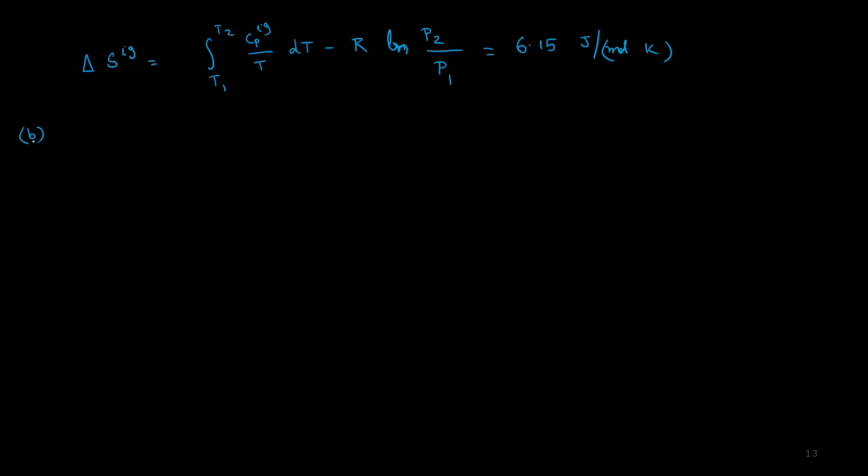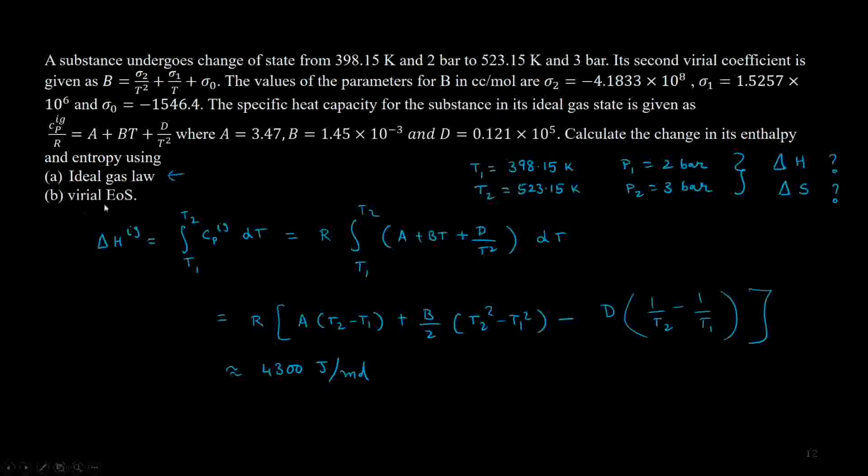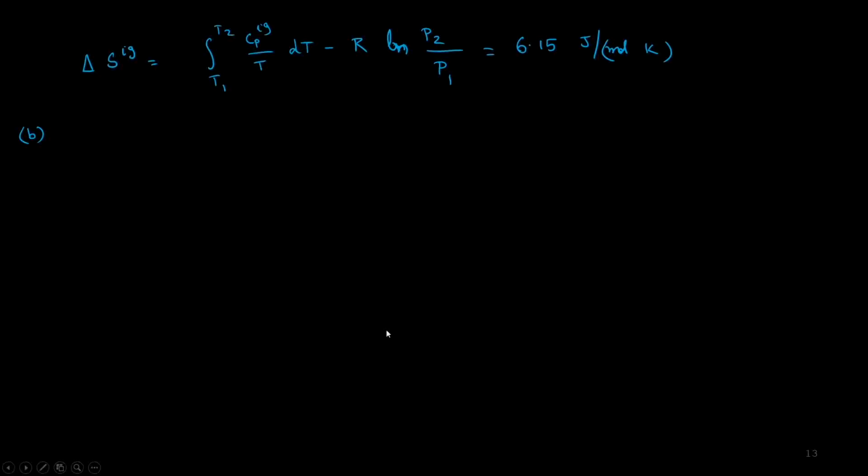Now if I'm interested in using a virial equation of state, as the next part of the problem asks, use a virial equation of state to calculate the changes in enthalpy and entropy. How are we going to do that? Remember, by definition, H R is H minus H ig, which means H is going to be H R plus H ig, or delta H, the change in enthalpy, is going to be the change in the residual values of enthalpy plus the change in the enthalpy under ideal gas conditions.